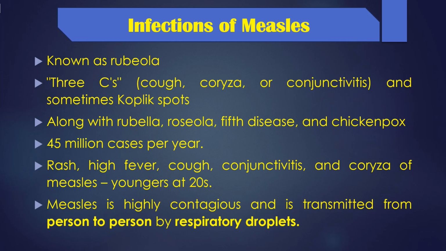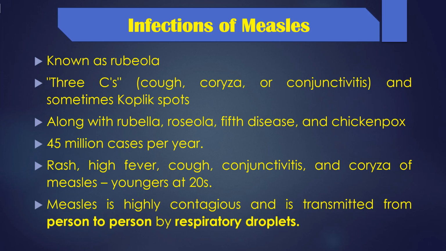Infections of measles virus, which is also known as rubeola, cause the 3 C's, that is cough, coryza, and conjunctivitis, and sometimes it may also cause Koplik spots. The measles infection along with rubella, roseola, fifth disease and chickenpox are 5 common childhood infections.